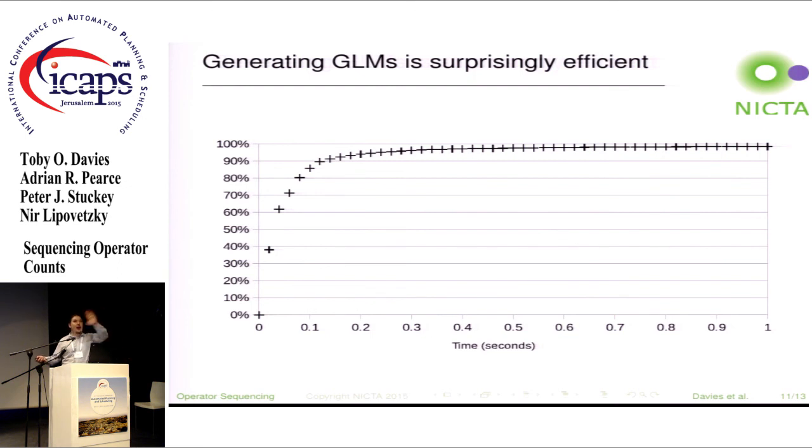If it says no, add a new constraint to the MIP, and repeat. We collected about 1 million or so sequence calls, and the vast majority of them happen in a tiny fraction of a second. So this is disproving the existence of any sequence given a set of operators. That feels like it should be a factorial operation, because you've got to try a bunch of sequences, but in practice, it's incredibly fast. 99% of them took less than a second, and in work we've done since, we've brought that tail in a little bit more.